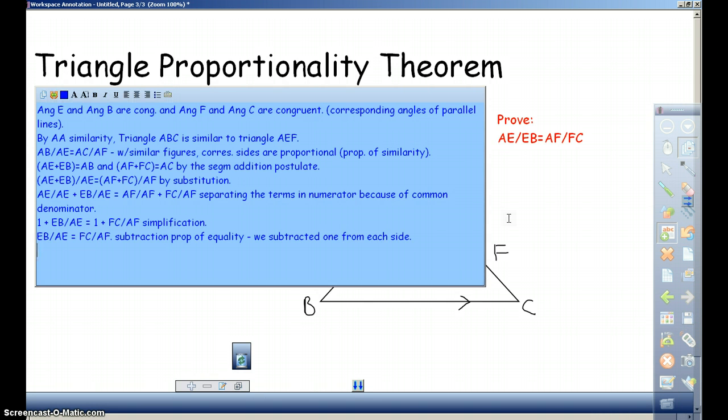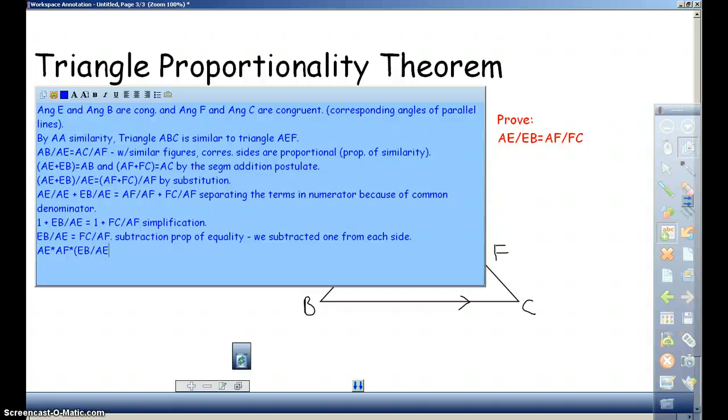Now, we multiply both sides by AE and divide both sides by EB, and multiply both sides by AF and divide both sides by FC. In other words, we're going to multiply both sides by these denominators. Let's show you. We're going to go AE times AF times, now what was on this left side?